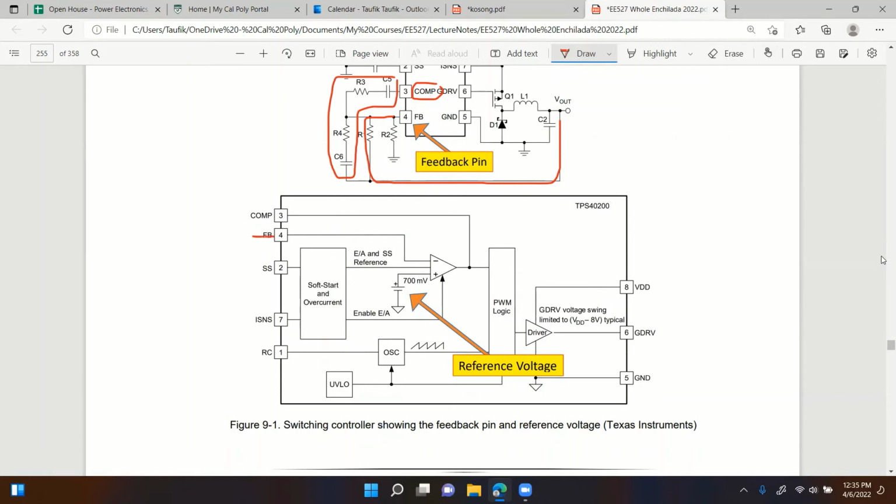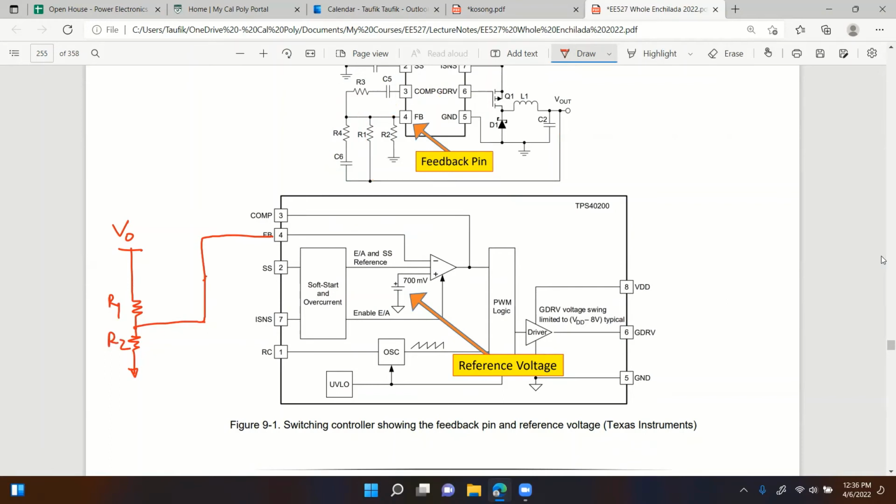So again, if I were to redraw this, you have the V out right here, and then you get the resistor divider, like this. This is R1, and here's R2, just like that.